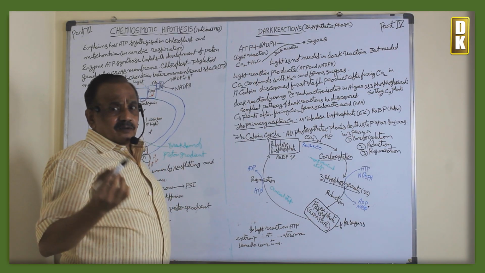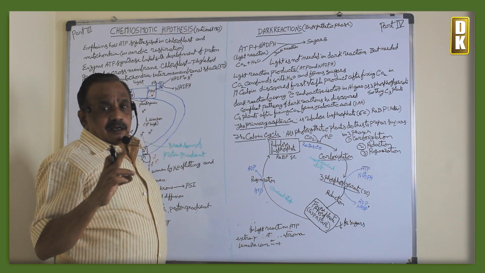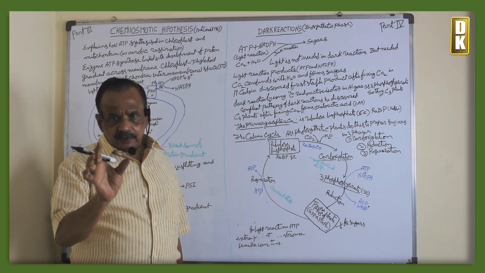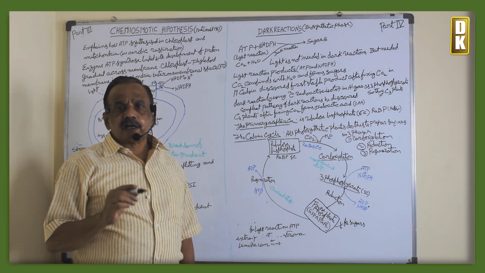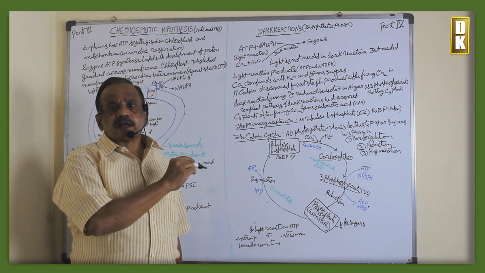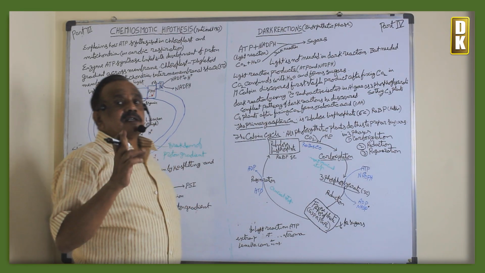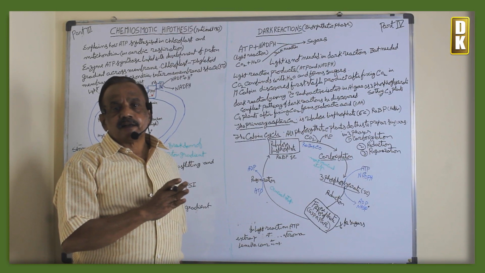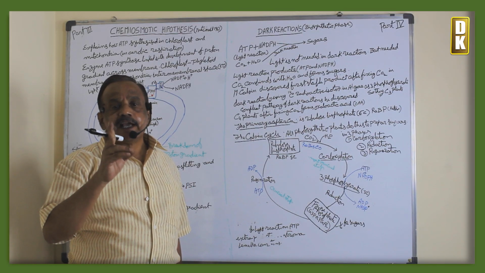And in the starting video when I told, in C6H12O6, C6 and O6 will come from the carbon dioxide, and hydrogen will come from the water. How is that water coming? It is brought by the light reaction in the form of NADPH.